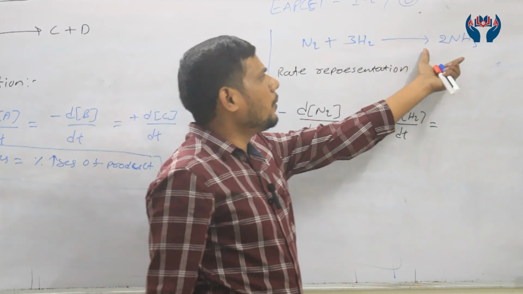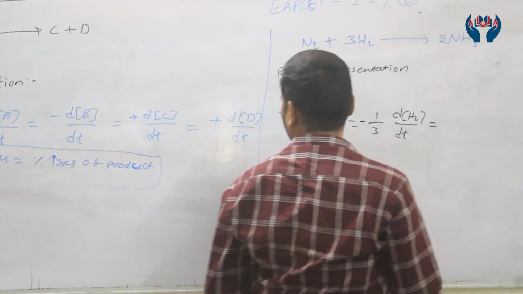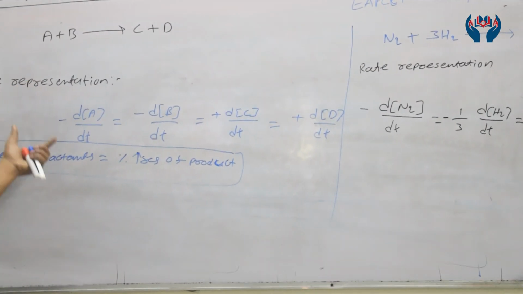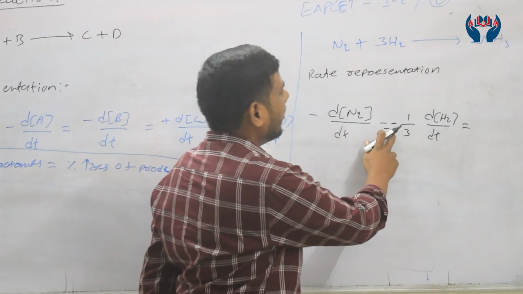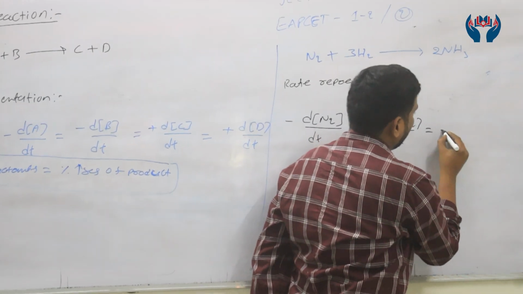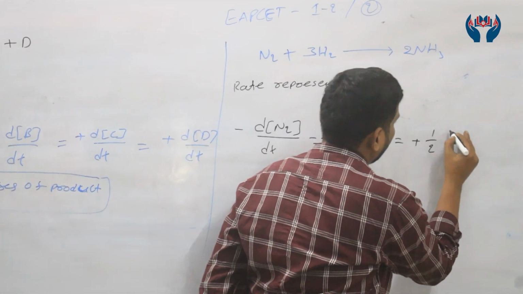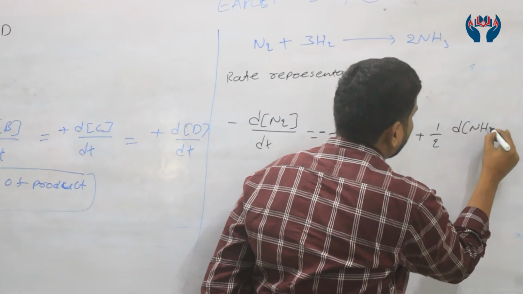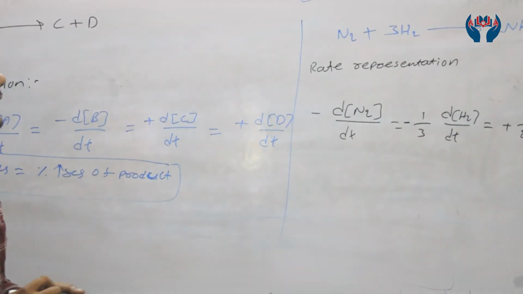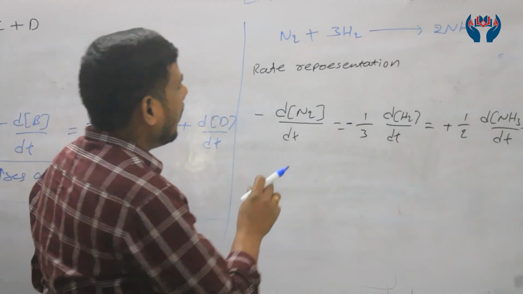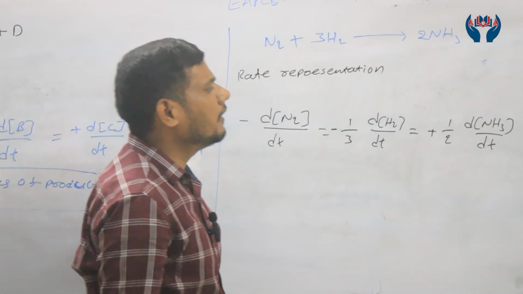Then ammonia is a product. The reactant concentration decreases and the product concentration increases. So reactants are on the negative side and products on the positive side: 1 by 2 into d of NH3 by dt. This is the rate representation. In this rate representation, all reactants and products are in equilibrium.